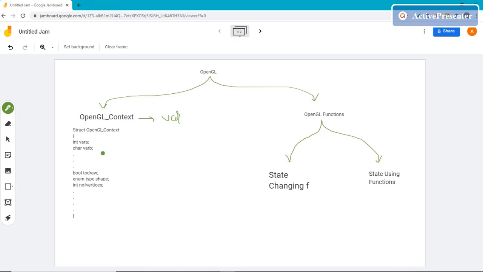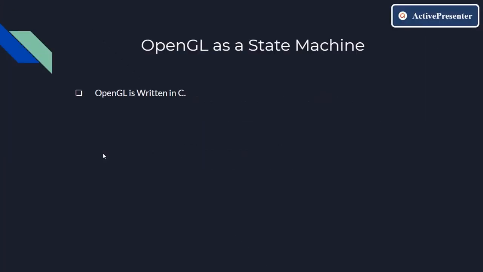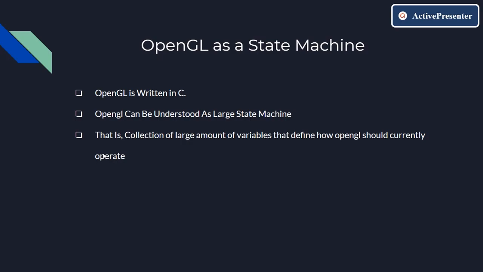So let's read some definitions about them. So yes, OpenGL is written in C. OpenGL is understood as a large state machine. As I told you, your OpenGL context can be assumed as a collection of a large amount of variables that define how OpenGL should currently operate.